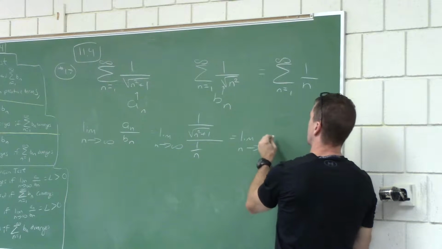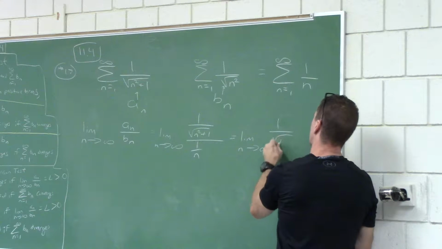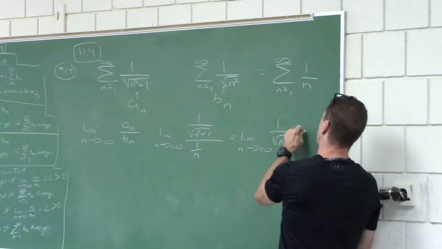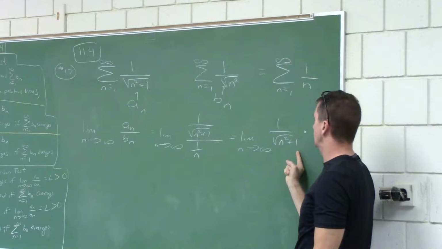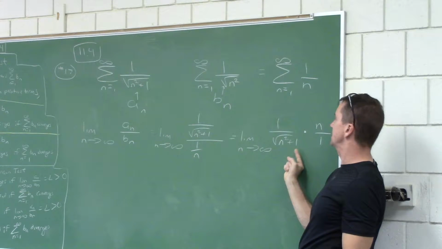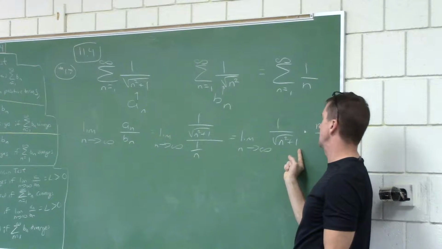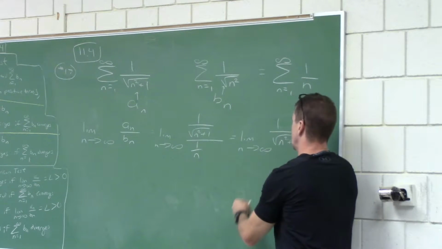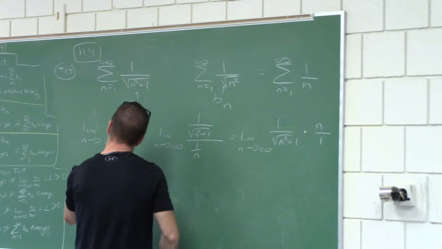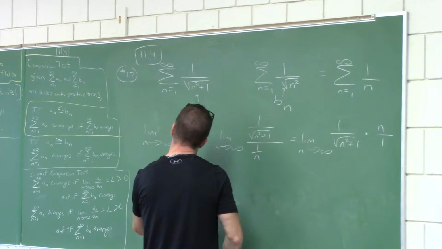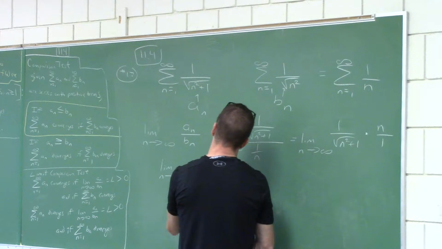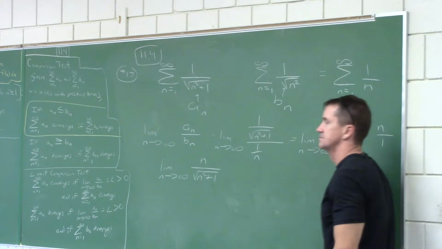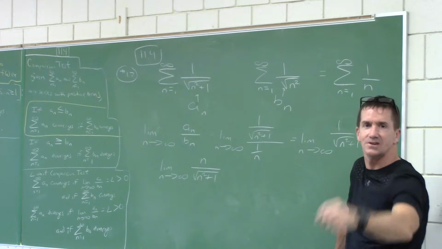I flip it and I get n over 1. And when I send this to infinity, does anybody know what this limit would be? I'll write it again. What's the limit as n approaches infinity of n over the square root of n squared plus 1?